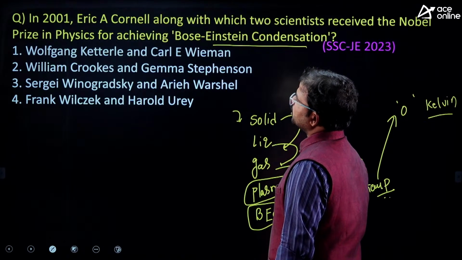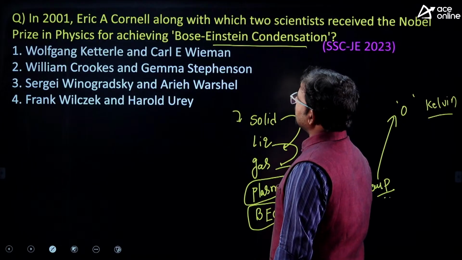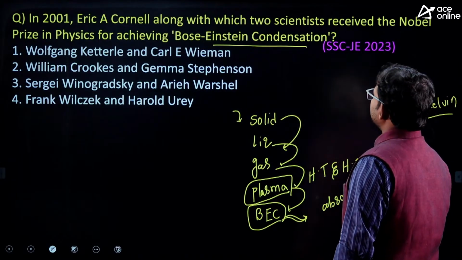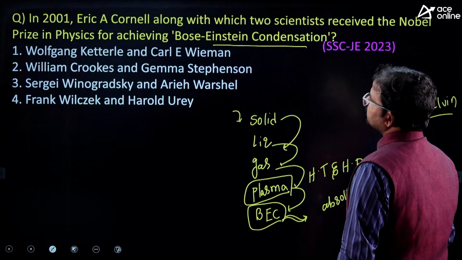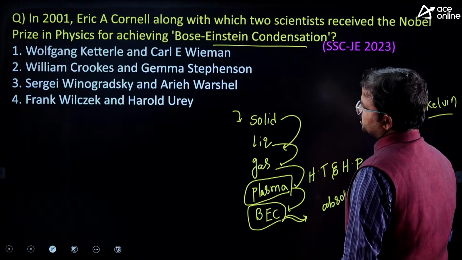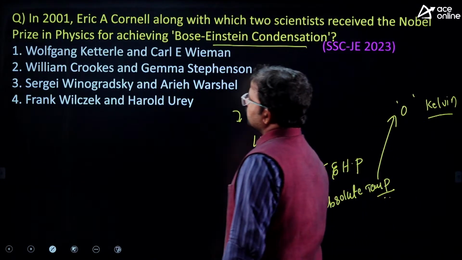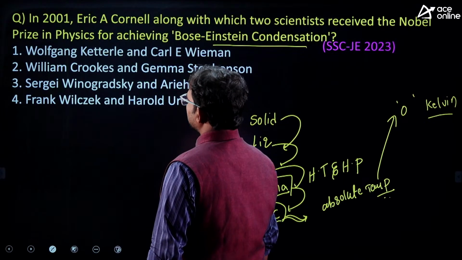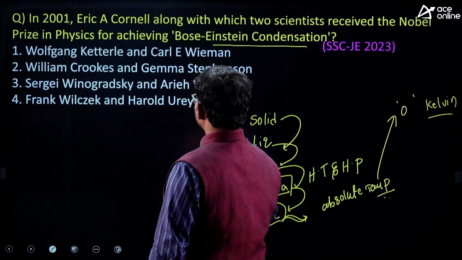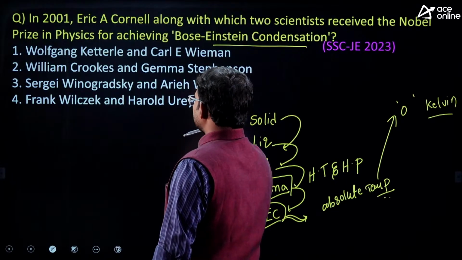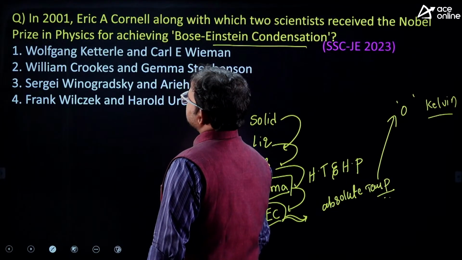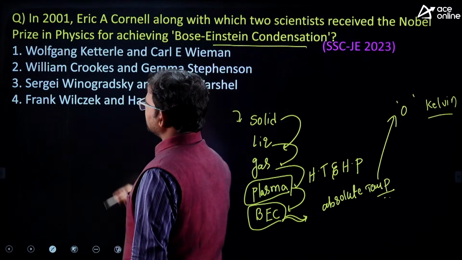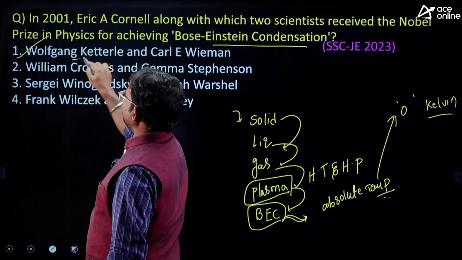In 2001, Eric A. Cornell, along with which two scientists, received the Nobel Prize for achieving Bose-Einstein condensate? So the options are William Crookes and German Stephenson, Sergei Grand, next Herschel, next Frank, at the same time Harald Urey. Here the correct one is option 1 only.